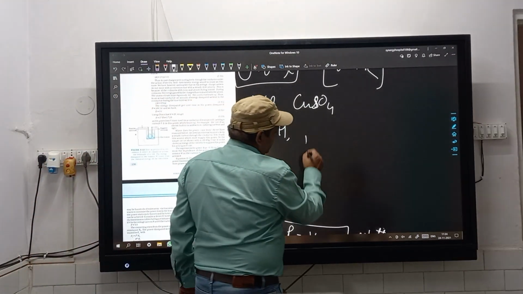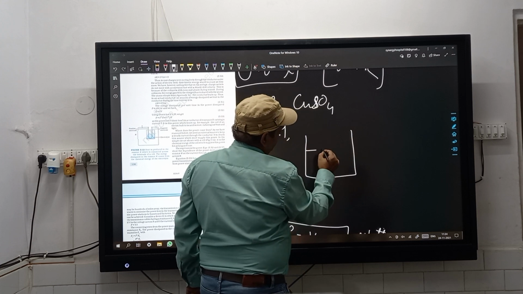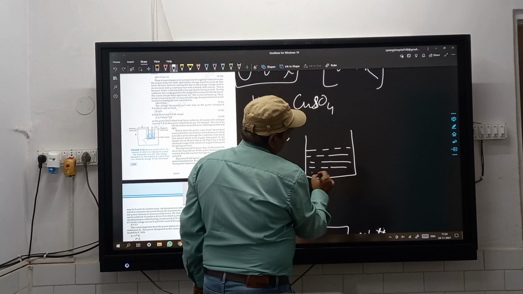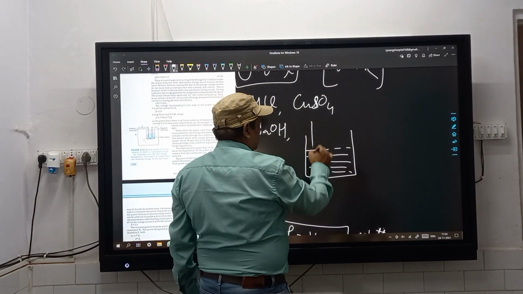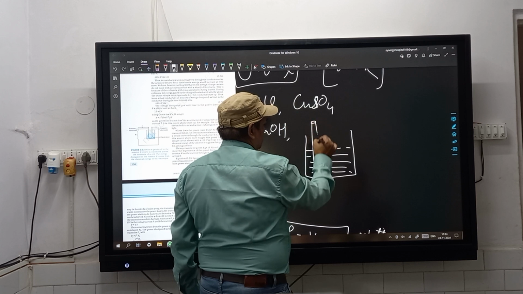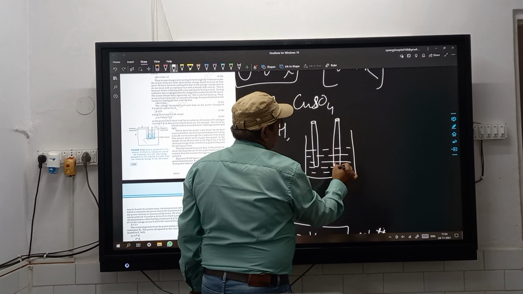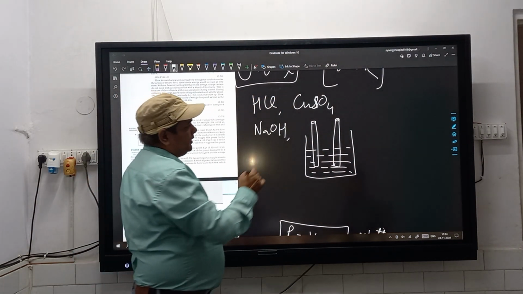Suppose this is a voltmeter and some electrolyte is taken in this voltmeter and copper or aluminum rods are dipped inside it. So these are called electrodes. What is an electrode?